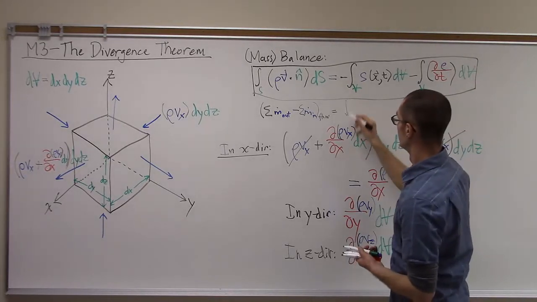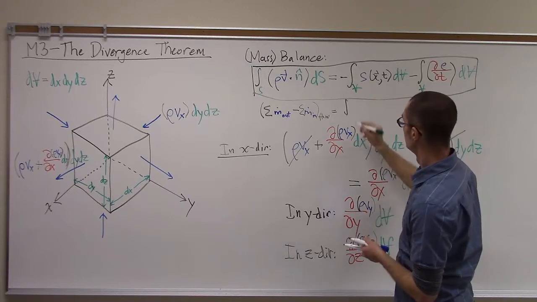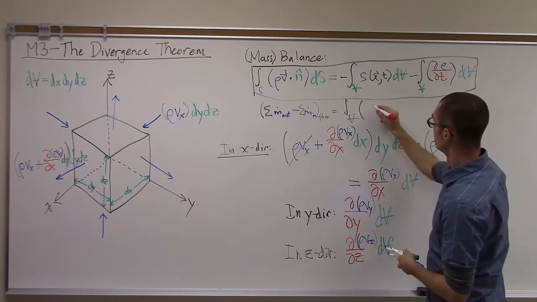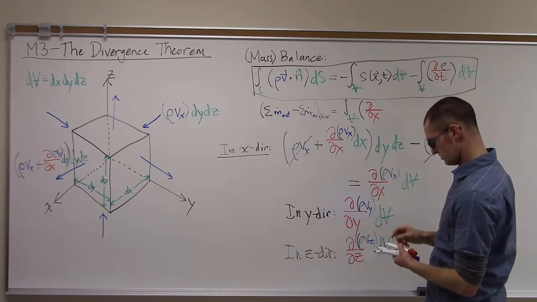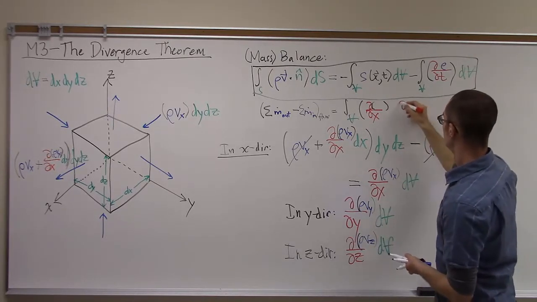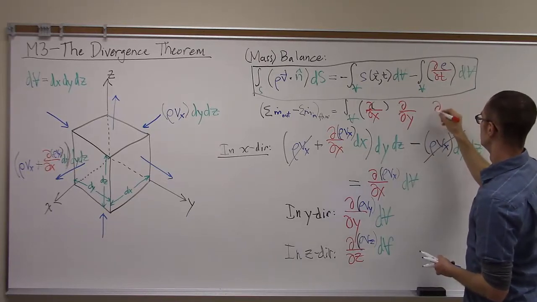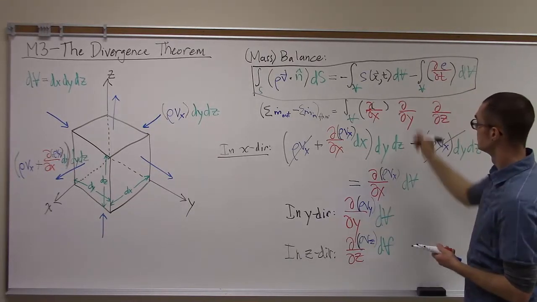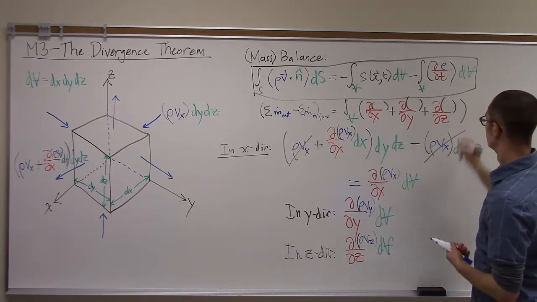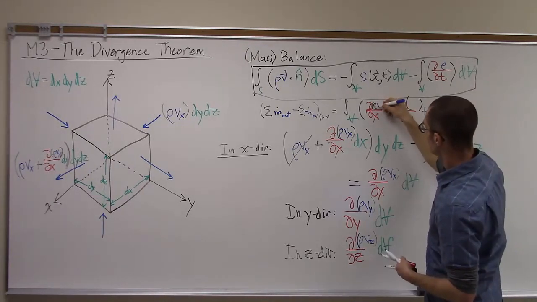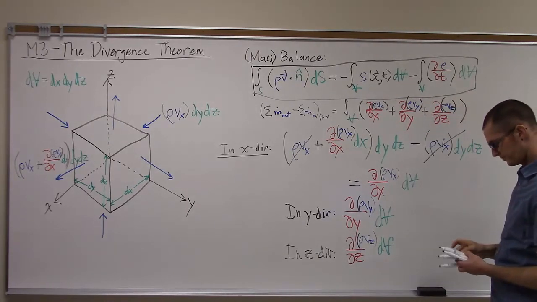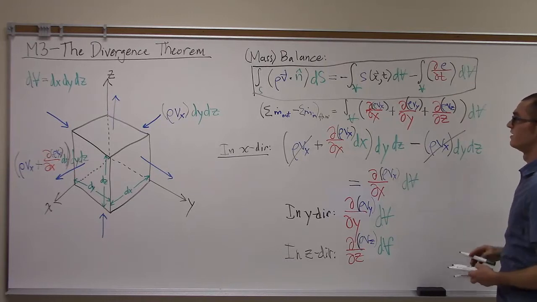So integral over the whole volume of d by dx, d by dy, d by dz plus, we got each of our components here, rho vx, rho vy, rho vz, integrated over the whole volume.